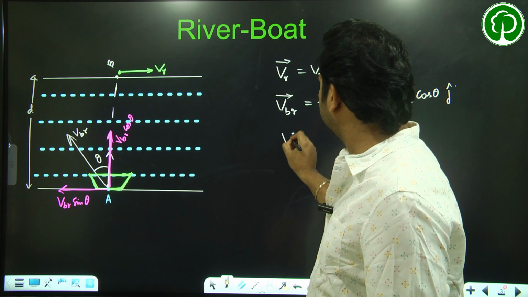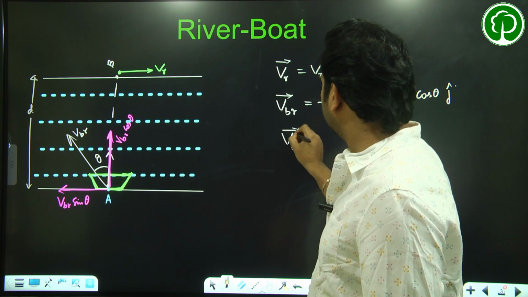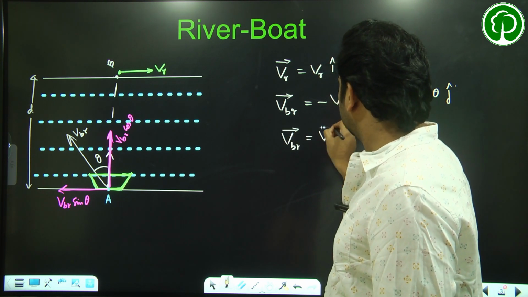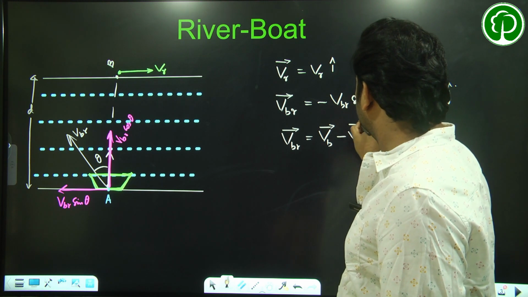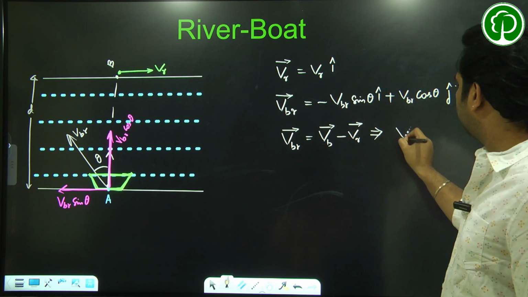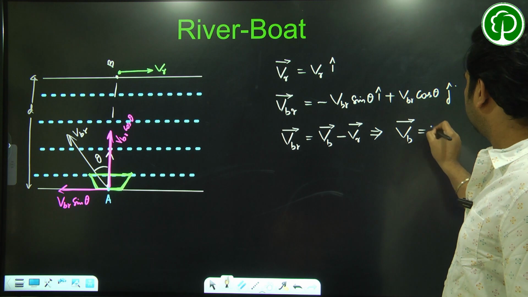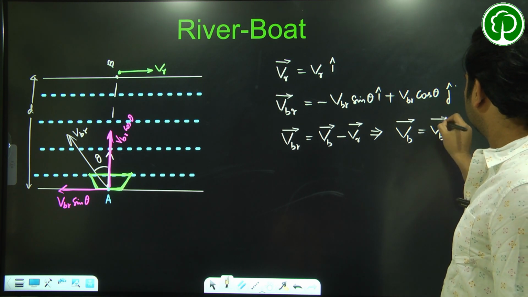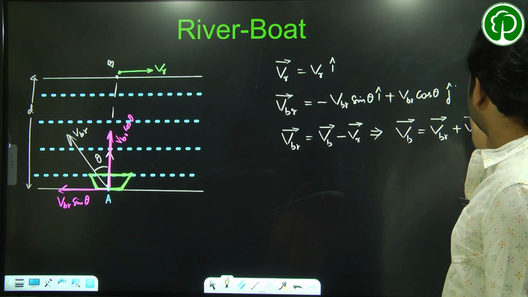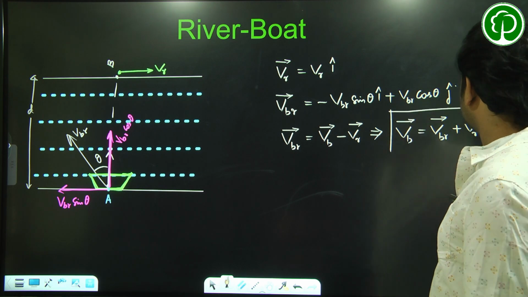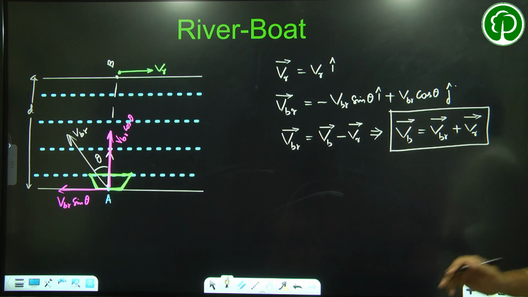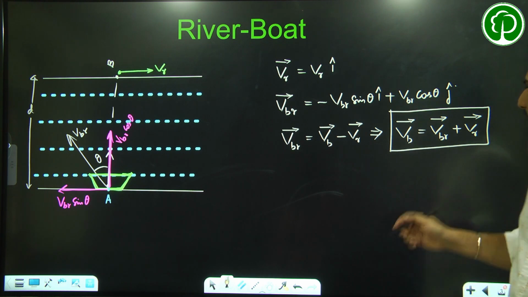So the velocity of the boat with respect to river is the velocity of the boat minus the velocity of the river. That implies the velocity of the boat is the velocity of the boat with respect to river plus the velocity of the river. This is the equation. So be it downstream, upstream or crossing the river, the equation is this.